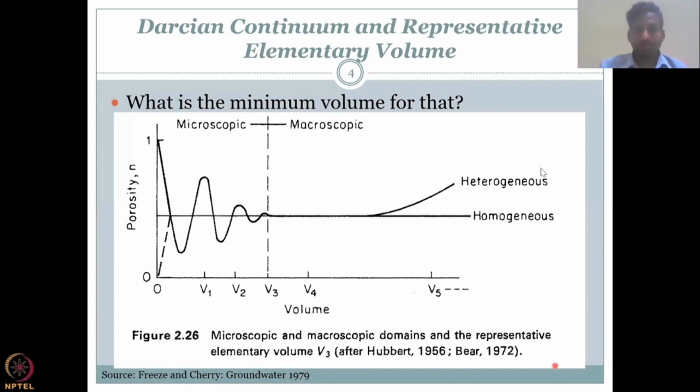This is the same for a homogeneous system. In a homogeneous system, your porosity fluctuates very little, whereas in a heterogeneous system, it fluctuates a lot. And there is a volume above which, again, the porosity is very important, which means it starts to fluctuate. Think about big rocks.